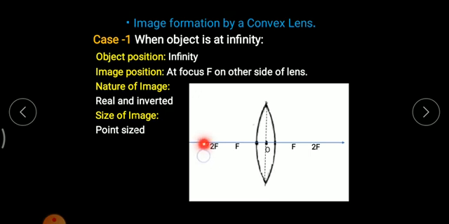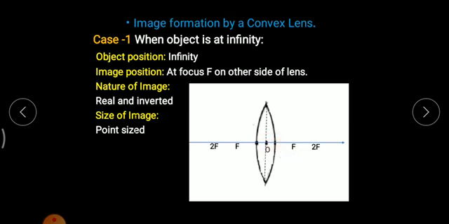And what is 2f? 2f is exactly 2 times of f. Since the distance between the optical center and the focus is f, 2f would be 2 times of f, and this 2f is nothing but the radius of curvature. That is, the distance from the optical center to 2f is the radius of curvature. Here also it is the same thing.